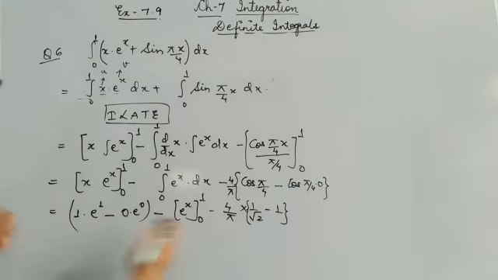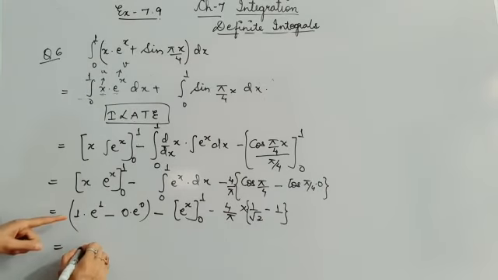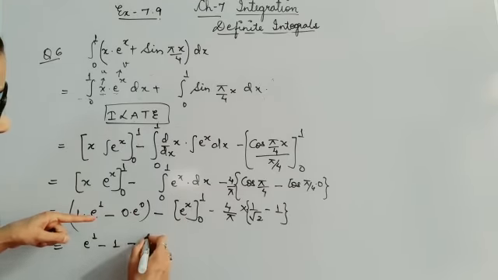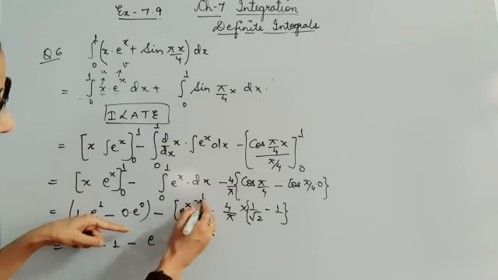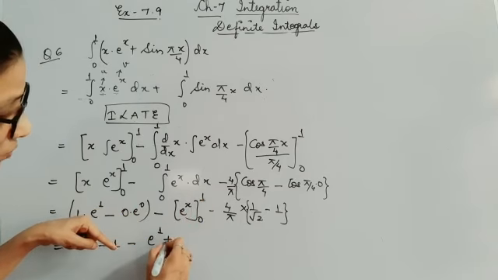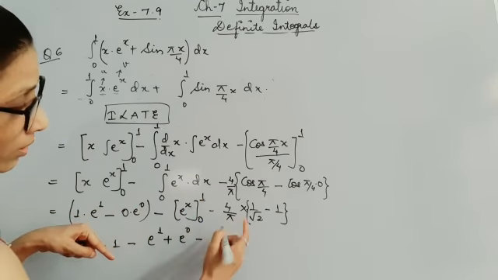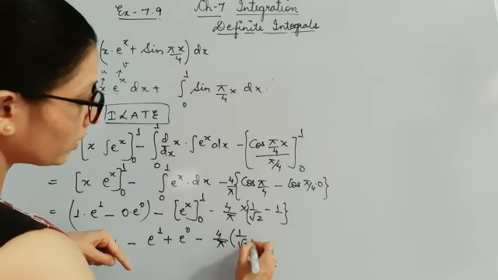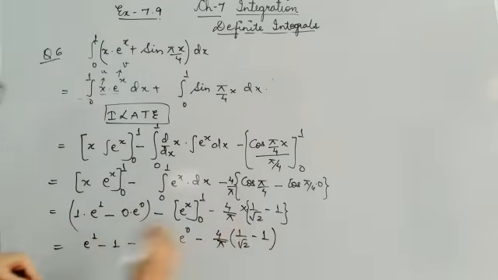Now here it is given to you e raised to power 1 minus e raised to power 0 is 1, you know, minus, again we have to put the value, so it will be e raised to power 1 minus that minus, and this minus will make it e raised to power 0, minus 4 by pi, and here I am getting it as 1 by root 2 into minus 1.